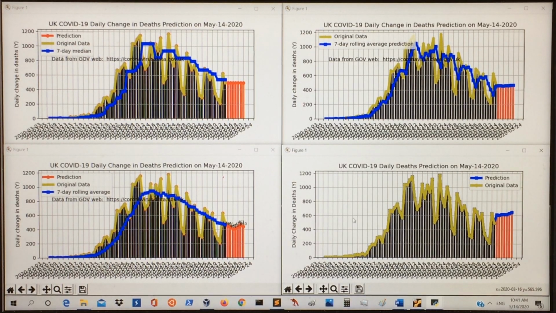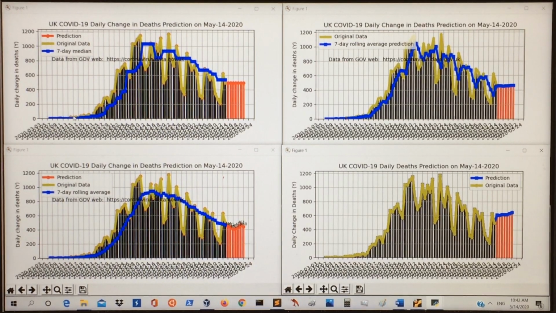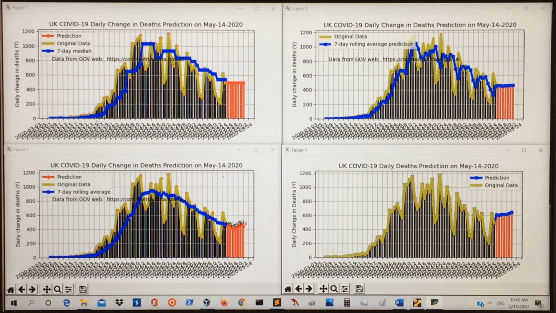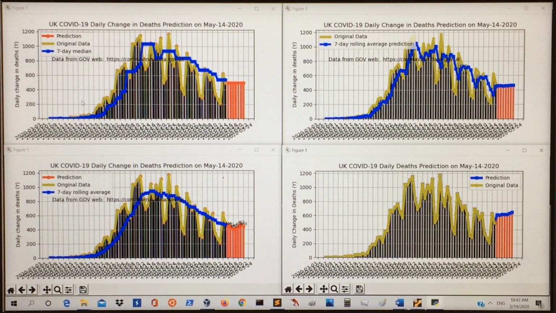I will now compare this, because that's all this video is about, and this uses median, and it takes the median of 7 consecutive values of each day to get this result.